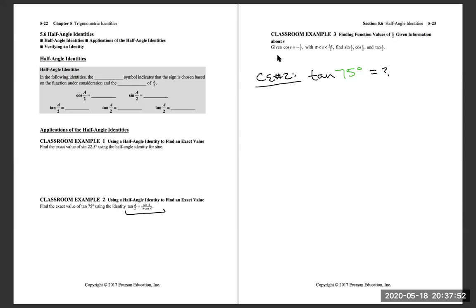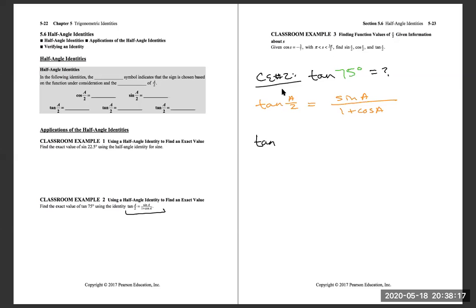The identity that it gives you is this form: tangent A over 2 equals sine A divided by 1 plus cosine A. Okay, so again, match form.